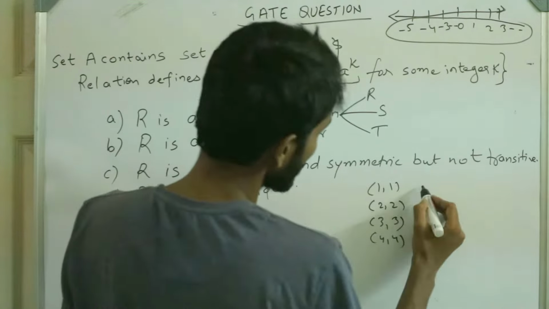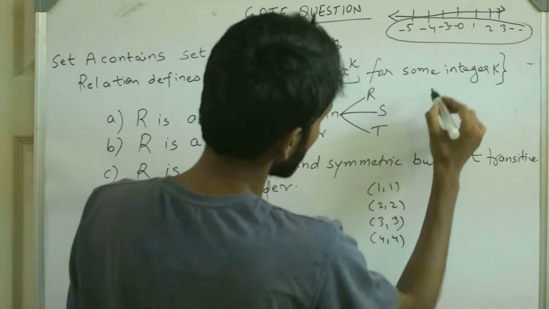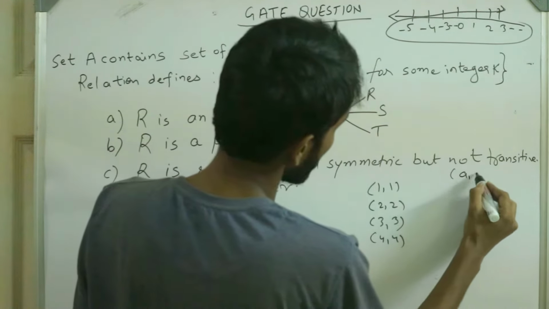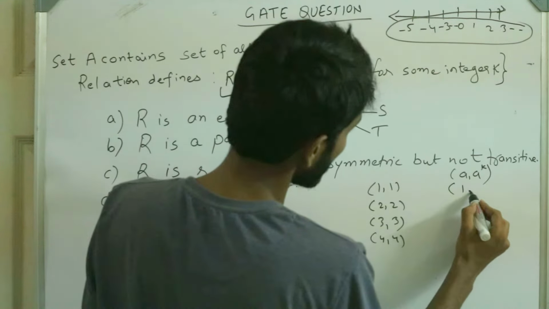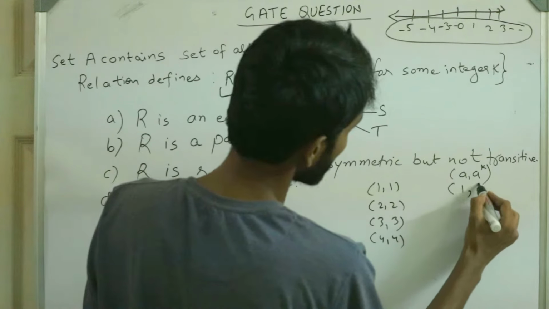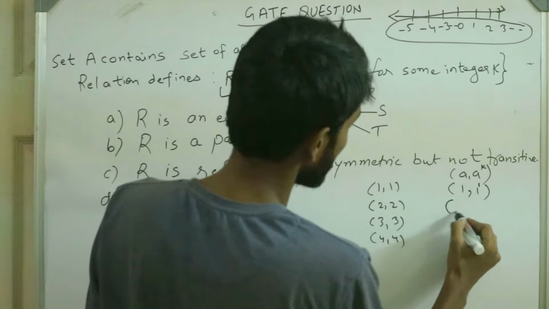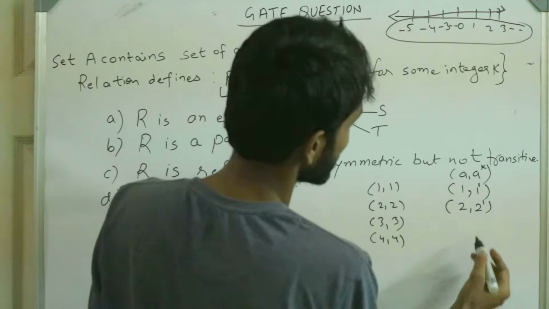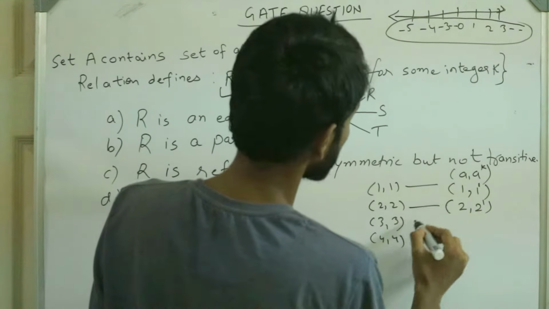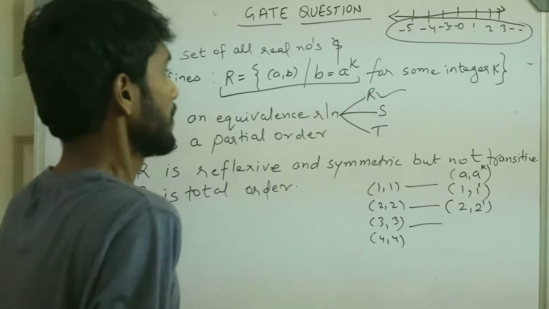So you can write (a, a to the power of k). In place of a, 1 to the power 1, yes, you can write. 2 to the power 1, yes, you can write like that. It is reflexive. Okay.